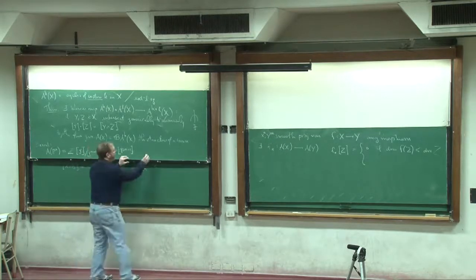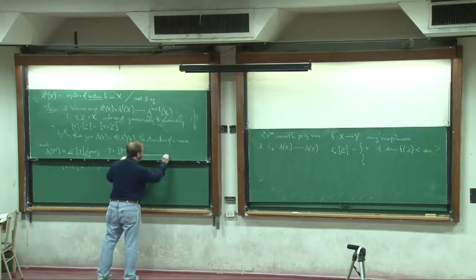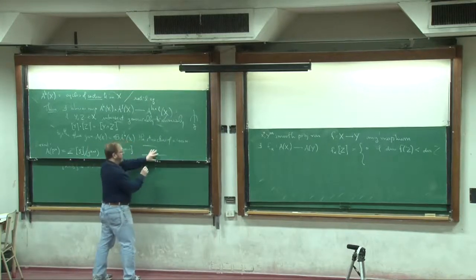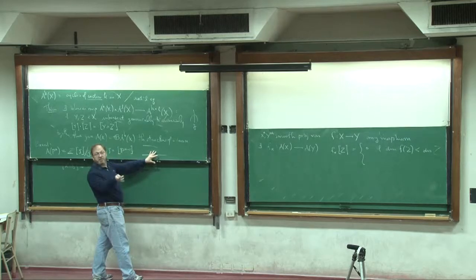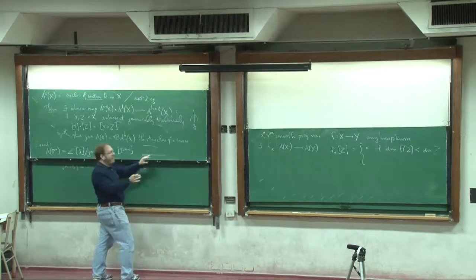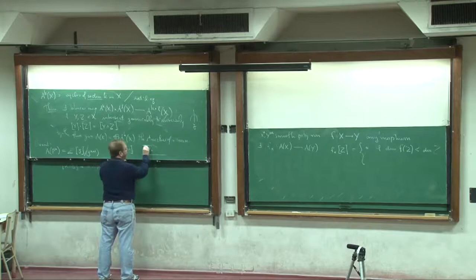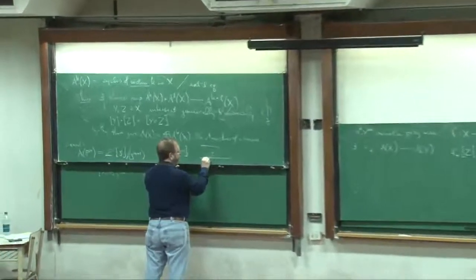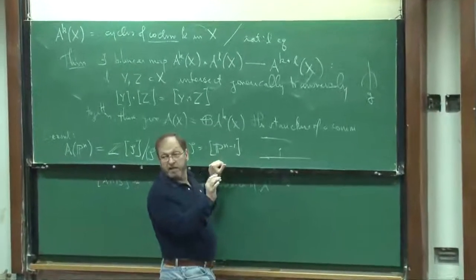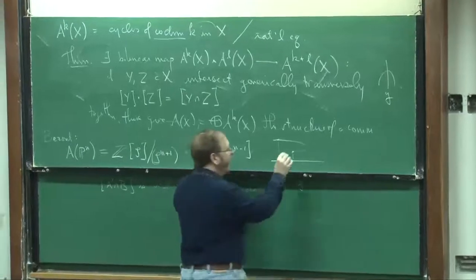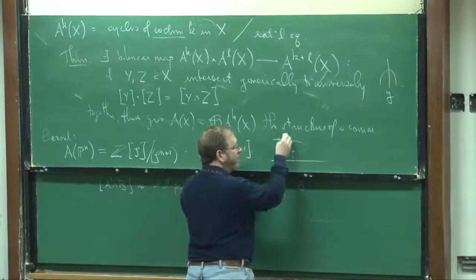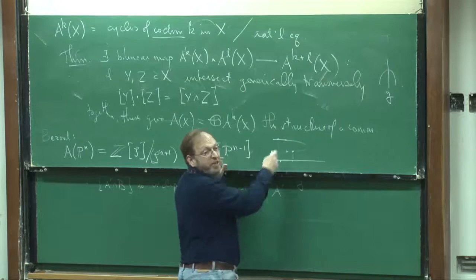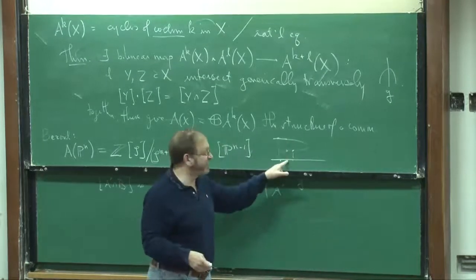In other words, here again, let's take that simple example of mapping, say, P1 to P1 by the map z goes to z squared. If I have 2 points on the domain, they'll, of course, just map to 2 points on the target. That's not a problem. But if I have 2 points that are aligned, I don't want to say that the image of the sum of those 2 points is just the image point.